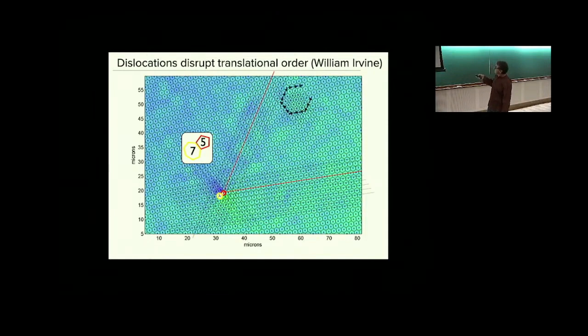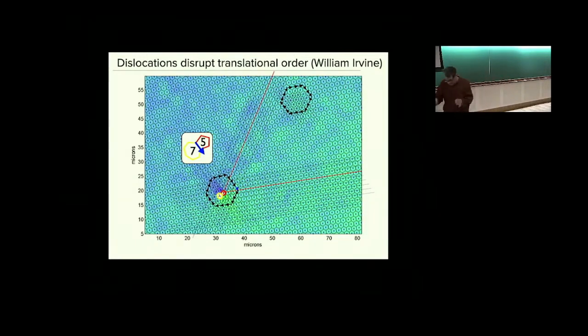If you make a circuit outside the dislocation, it will close translationally. If you make a circuit around the dislocation, it won't close. There's a mismatch by this vector, the Burgers vector, shown here, which means, again, you don't know whether you're sitting here or you're sitting here. So you're translationally frustrated, and if you have a gas of these dislocations, then you will lose translational order. The system will be translationally disordered.